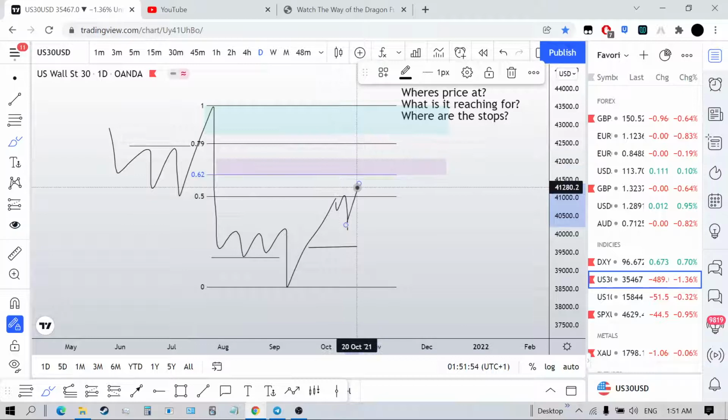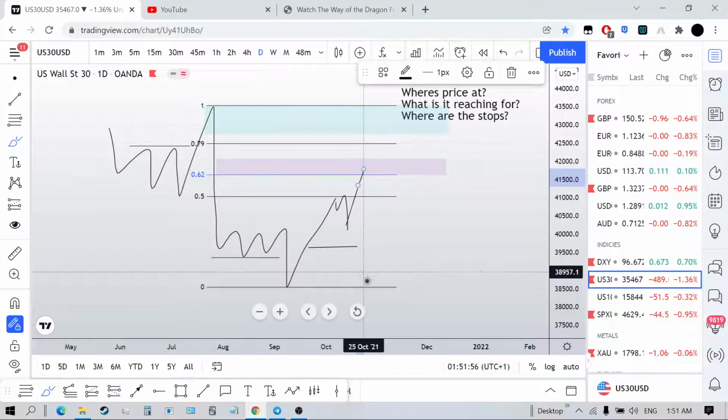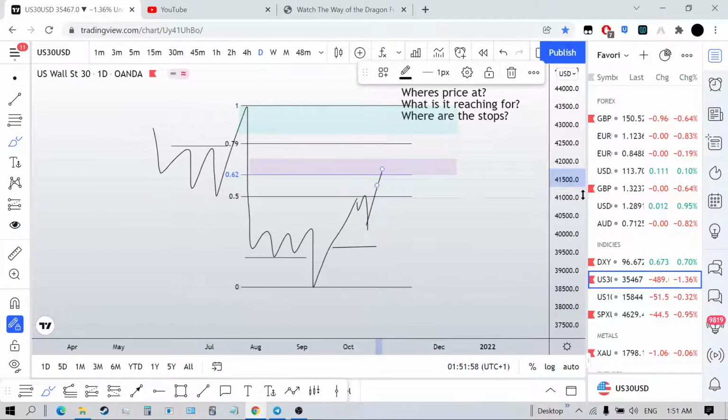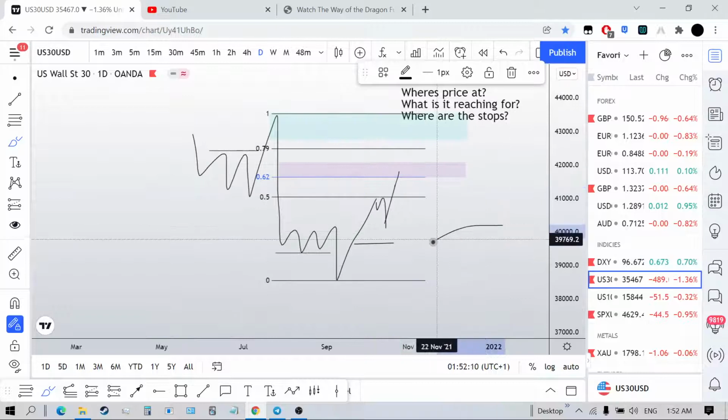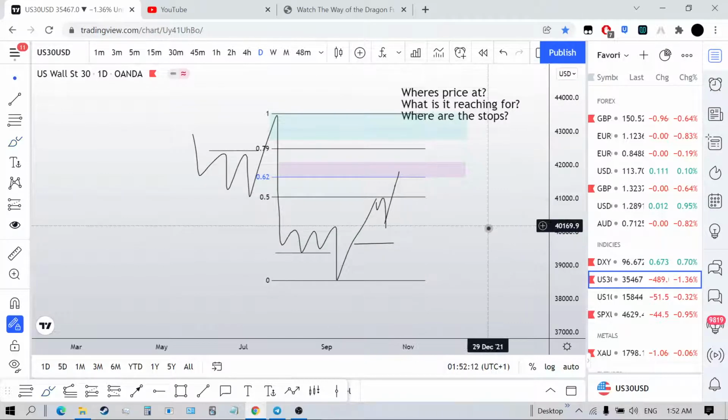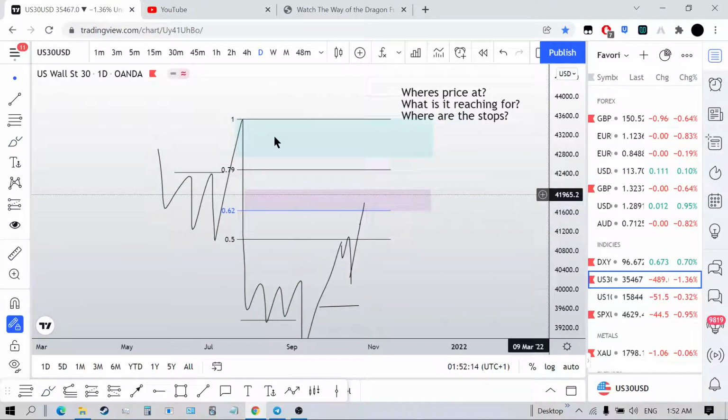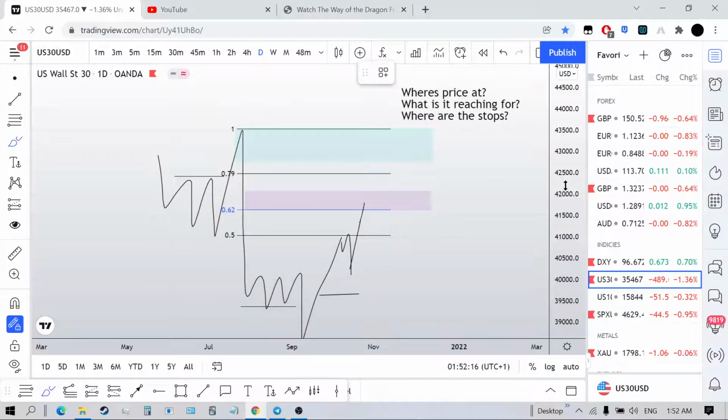Once price gets into here, then I have to wait and figure out what price is going to do. Now you might have a higher time frame bias to where there might be like FEG below here, or a BISI, some type of imbalance, or some liquidity down here, relative equal lows, whatever. You might be in a higher time frame sell model. You just want to understand where price is at and what is it reaching for, and what's the objective. And then once we get to that objective, wait to see what price does, and then find setups like that.